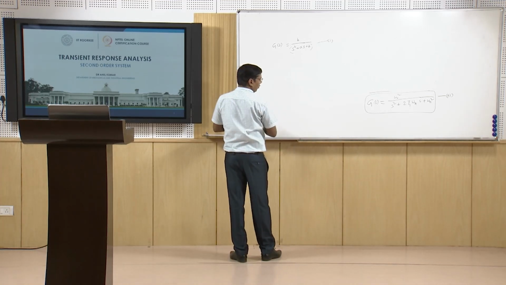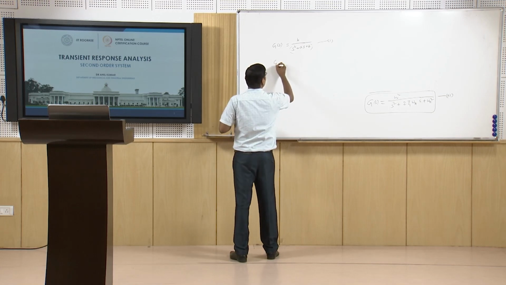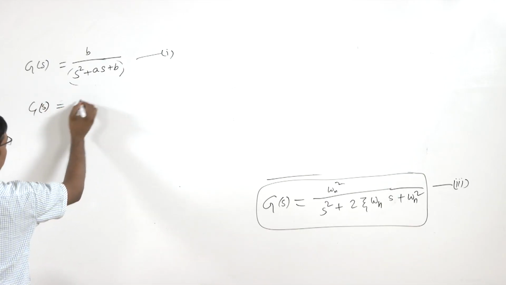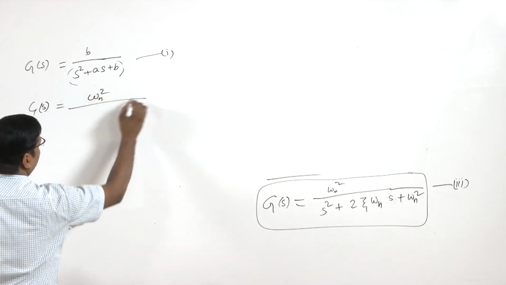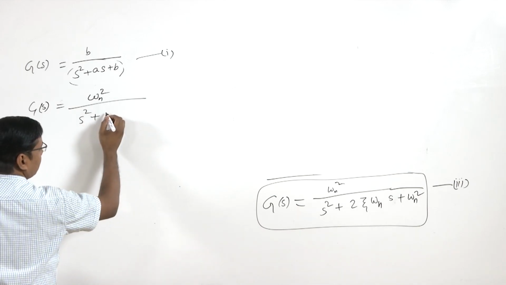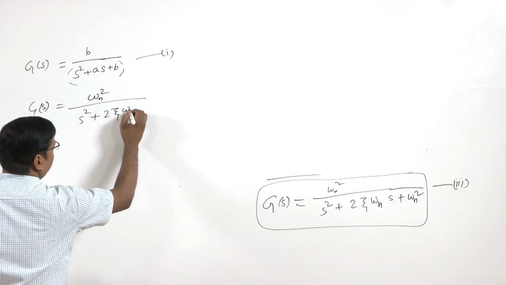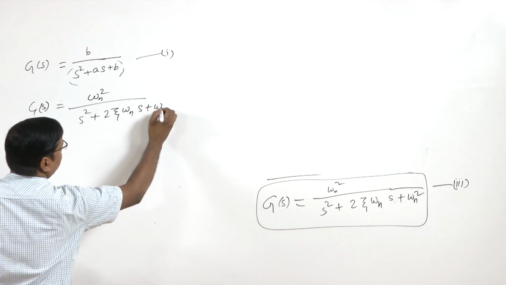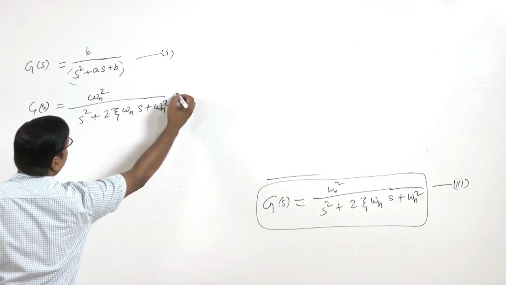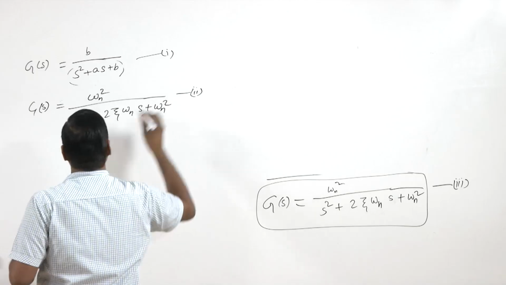So we have 2 forms. The second form, G(s) equal to omega n square upon S square plus 2 zeta omega n S plus omega n square. This is equation number, let us say 2.